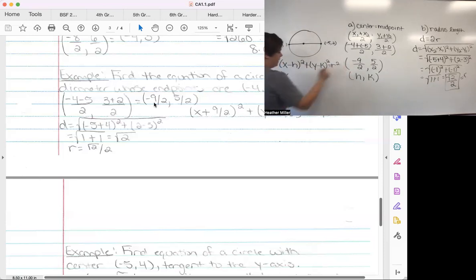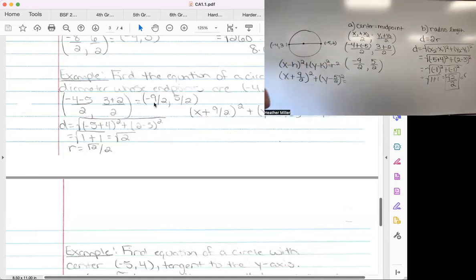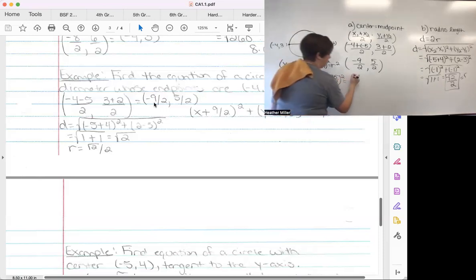Well, we have a minus, that becomes plus 9/2 quantity squared, plus y minus k, which is 5/2 squared, equals, I am going to erase this hk just because it's getting in the way. Then what's our r? Well, we said our r was radical 2 over 2 squared.